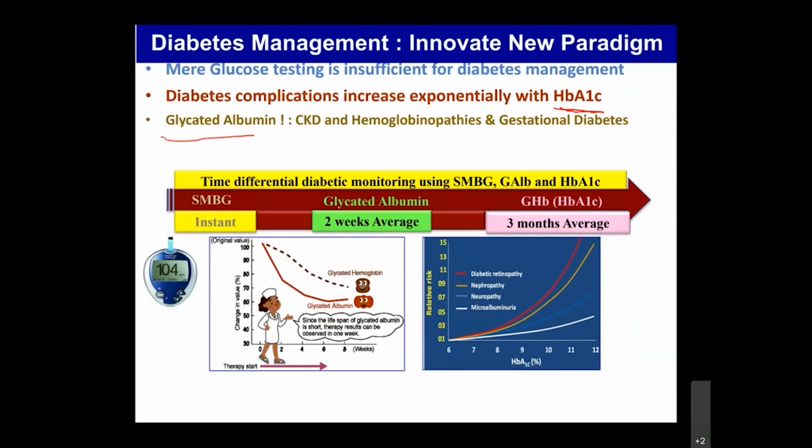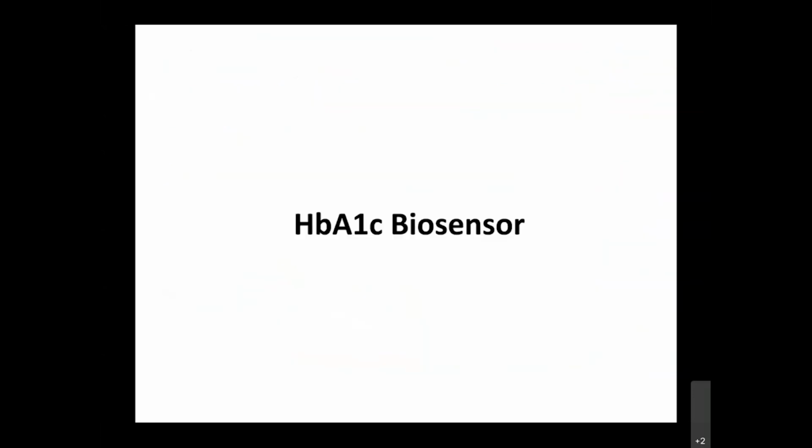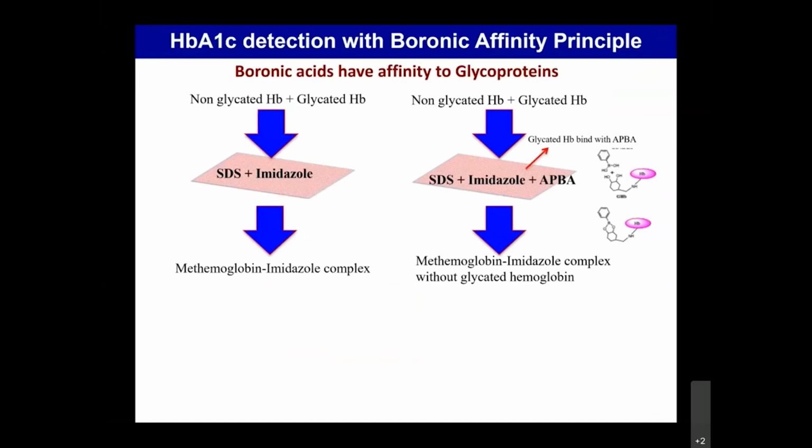The way we have been able to do the HbA1c biosensor is to take the hemoglobin detection and marry it with what is called the boronic affinity principle, right? This, by the way, is used in pathology labs. Boronic acids such as phenyl boronic acid and aminophenyl boronic acid have affinity to sugars.